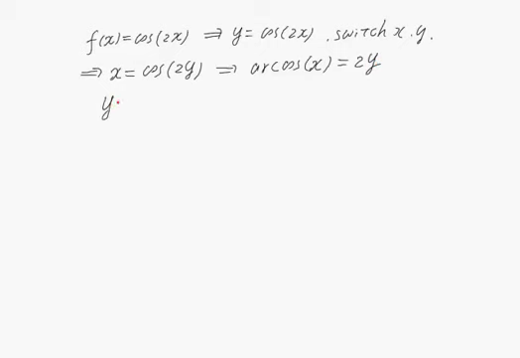Then you get y equal to 1/2 times arc cosine of x. In this way, we find the inverse function. So you write inverse f of x is equal to 1/2 times the arc cosine of x.